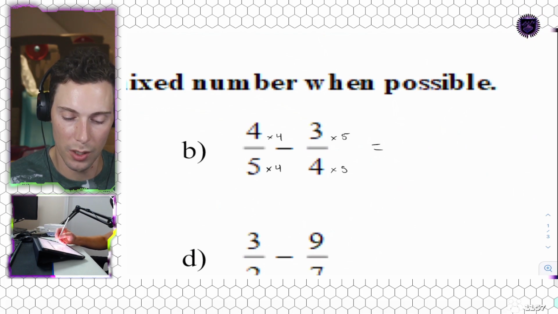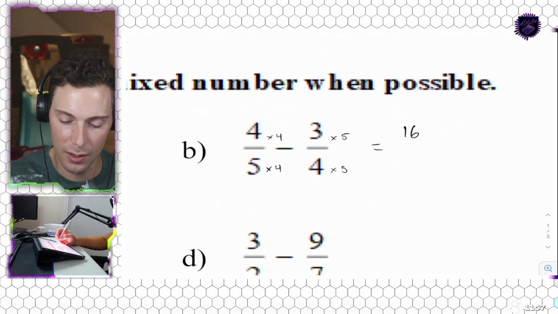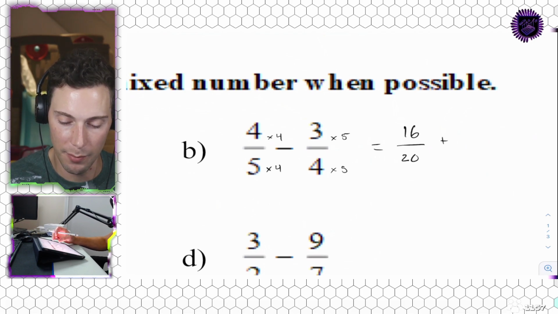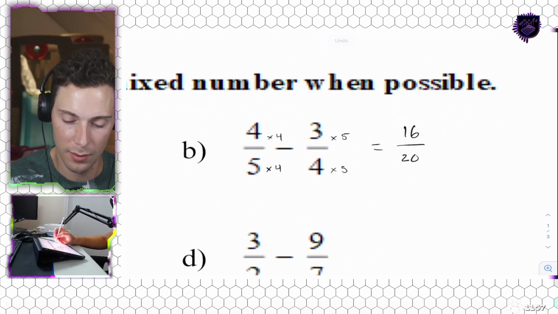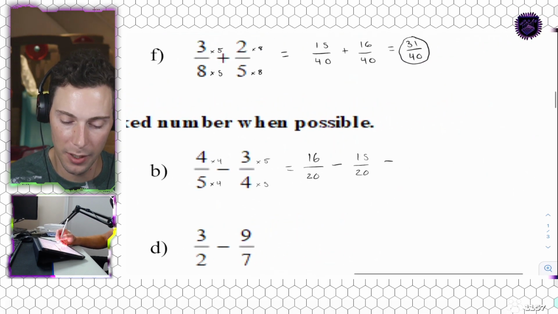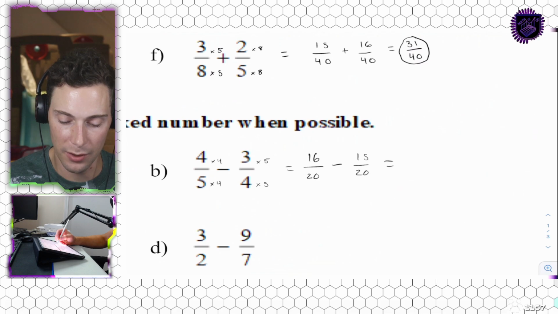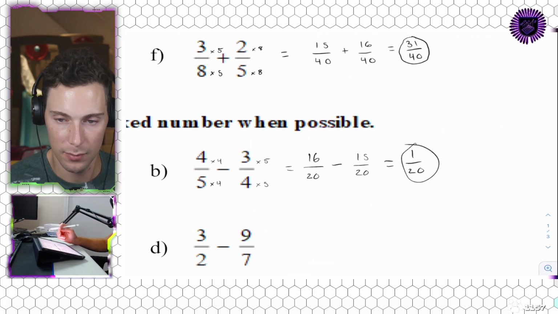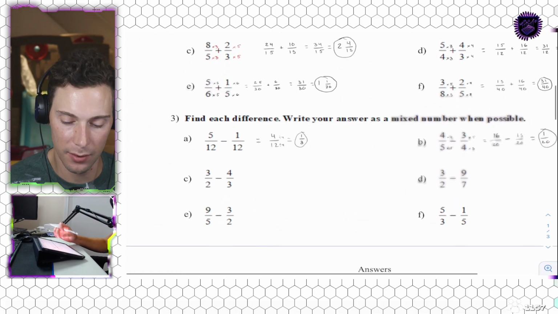Write our new equivalent fraction of 16 20ths minus 15 20ths. Now we have common denominator, and we can get to our answer, which is going to be 1/20th. Circle our answer.